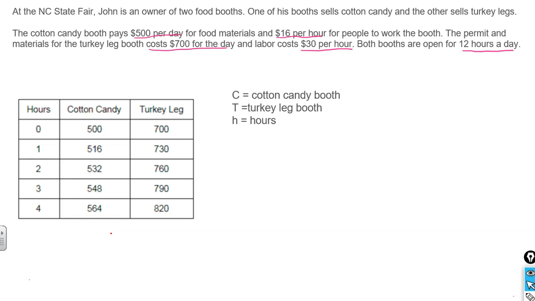If we look at putting these into equations, we would first have C equal to the $16 per hour, which was given to us in the original problem, plus the $500 per day for the food materials. For the turkey leg booth, T equals $30 per hour plus the $700 per day for the permit and materials for that booth.